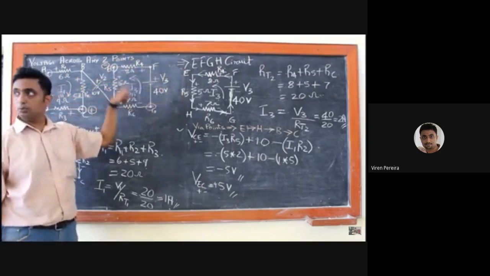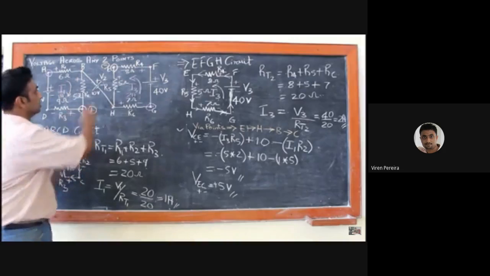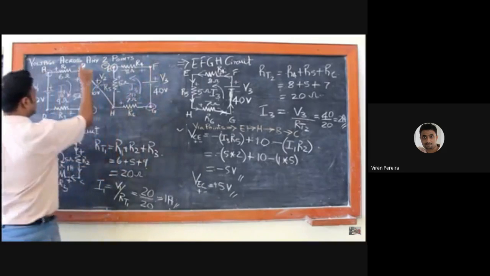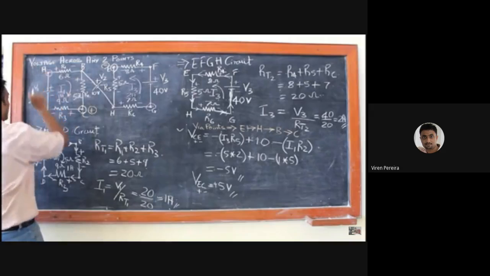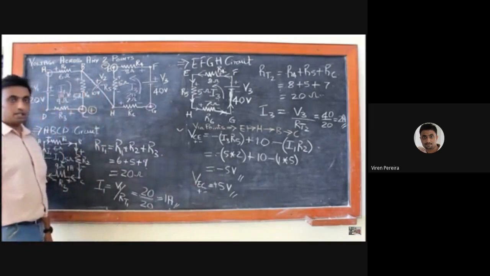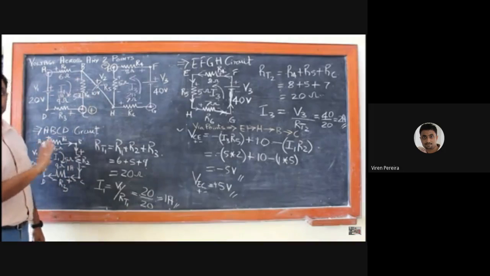So even with this loop, you will get the same answer. Even with EF, FG, GH, HB, BA, AD, and BC, also you will get -5. So this you can even try at home. Your answer is not going to change.